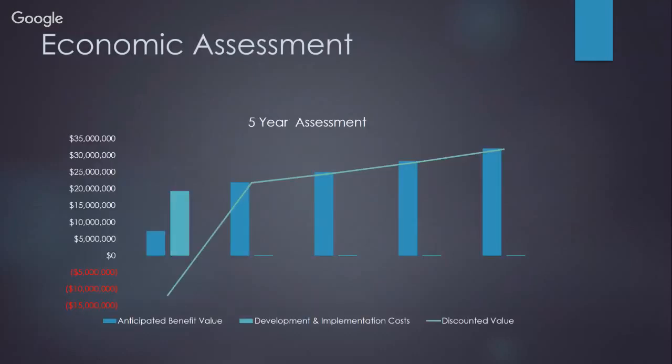Now the economic assessment of this comes directly from our cost analyses in the Excel docs. This initial year 0 to year 1, we see a lot of the implementation costs and the development costs come out. But within about 18 months from starting this, we actually will see a return on investment.